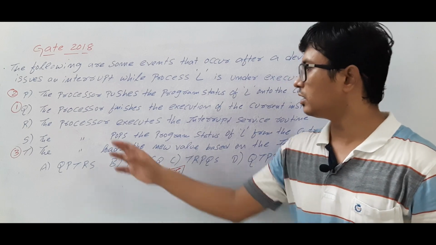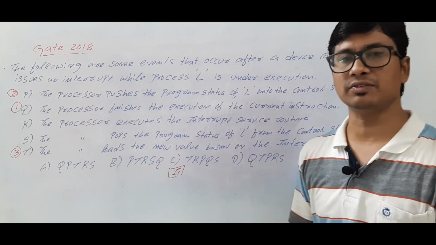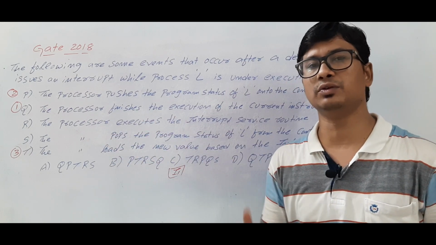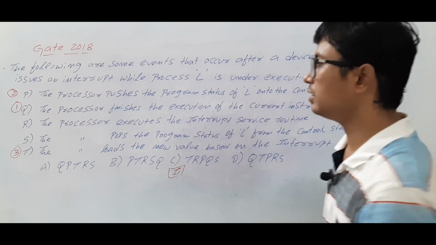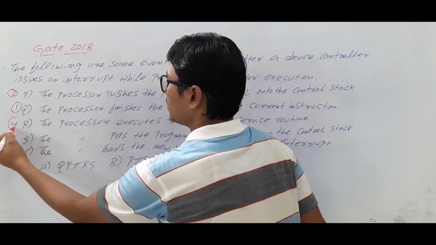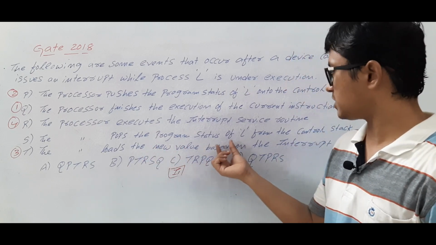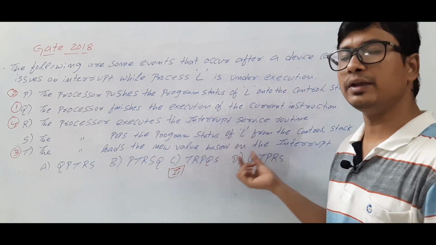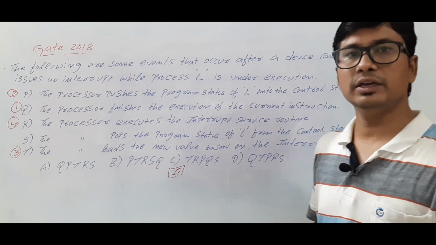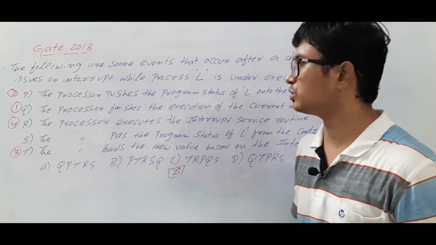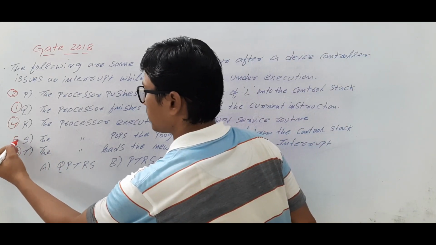The processor executes the interrupt service routine, because only in the interrupt service routine is the information available. Then only you should pop the program status of L, and then execute the next instruction. That is step 5.